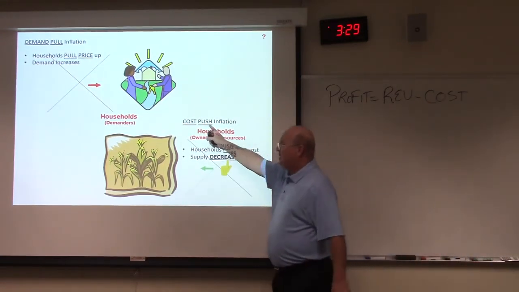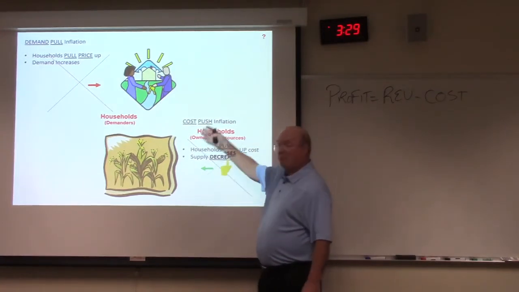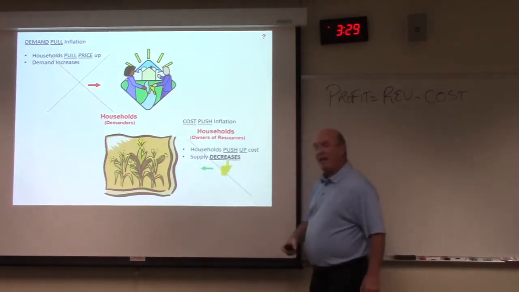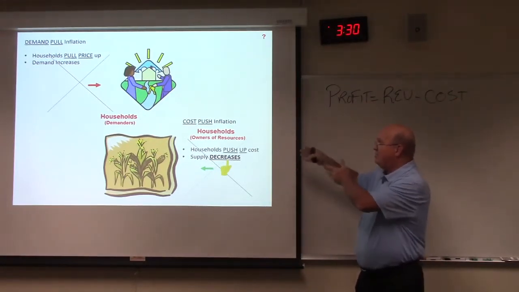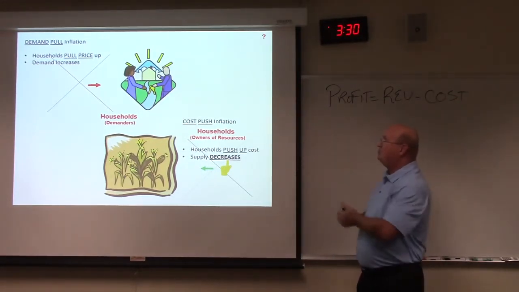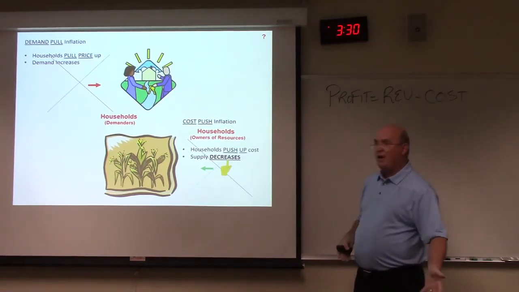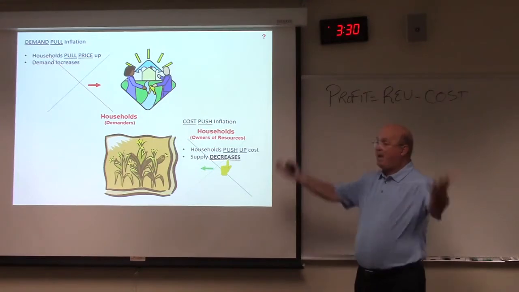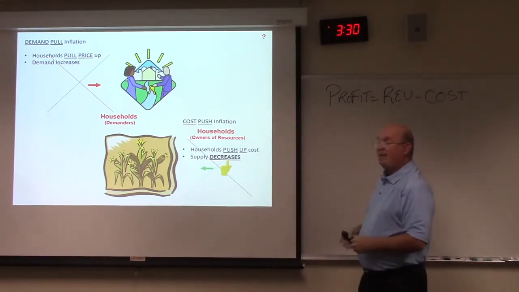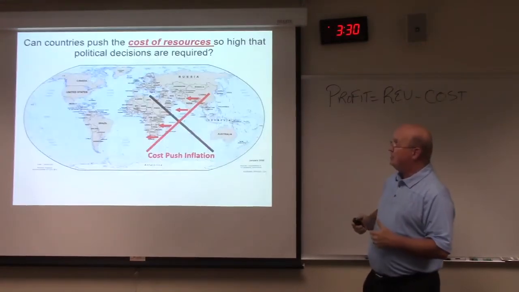So cost push, we're pushing up the supply cost, again comes from households. So in both cases, whether it's the demanders or the owners of the resources, it's households causing both of these. But one is going to pull up the demand curve, one's going to push up the supply curve. In either case, they both go up, and the extra cost is due to the demanders.